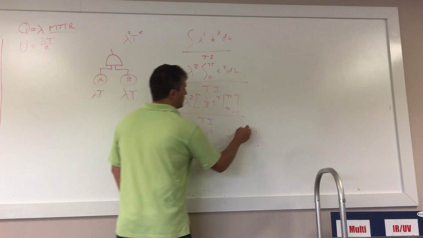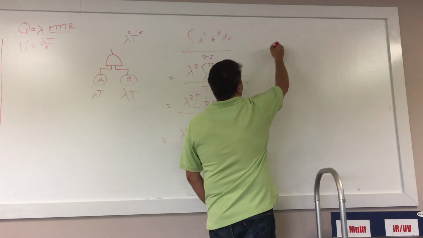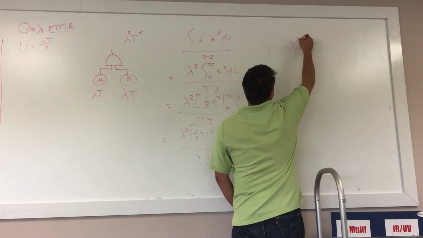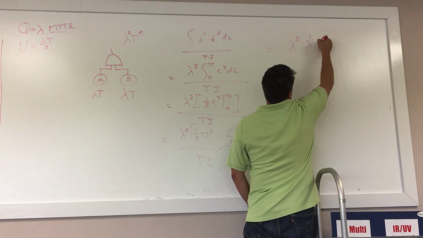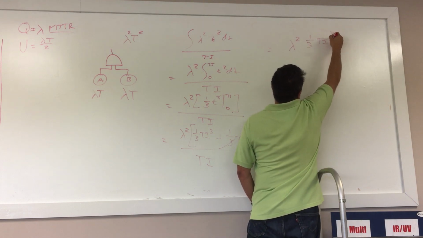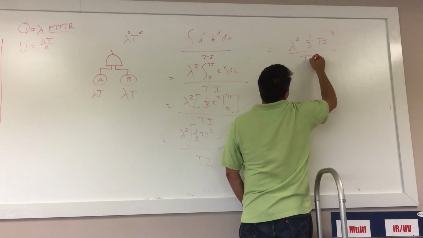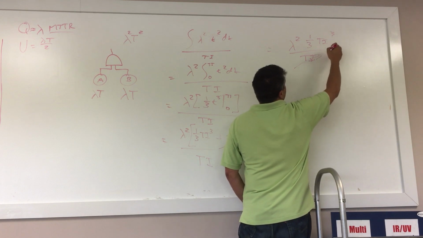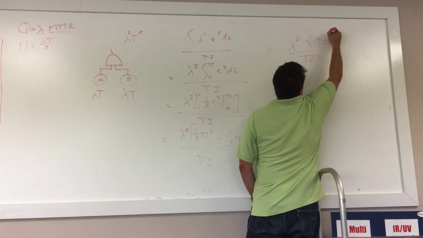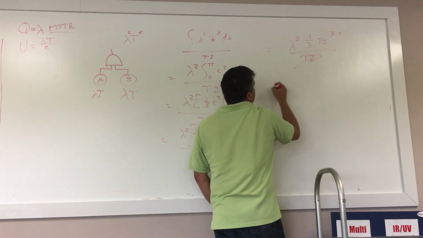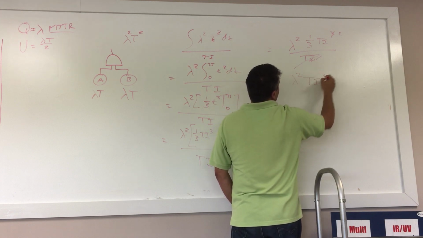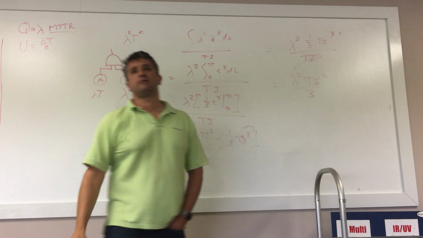This term goes away, and we end up with lambda squared 1/3 ti cubed over ti. This term out of the denominator cancels one of these up here to make it squared, and we're left with lambda squared ti squared over 3.